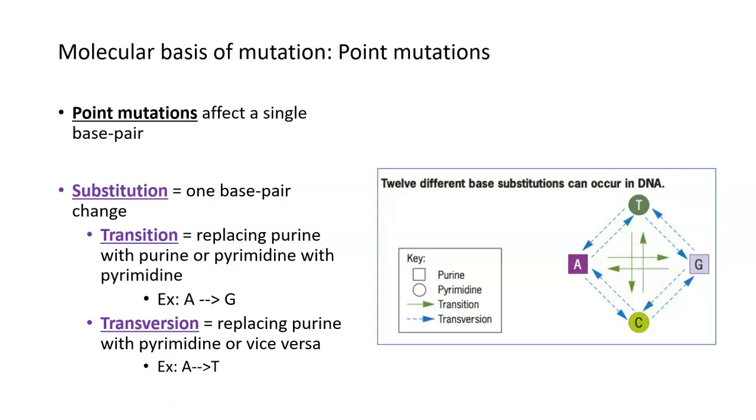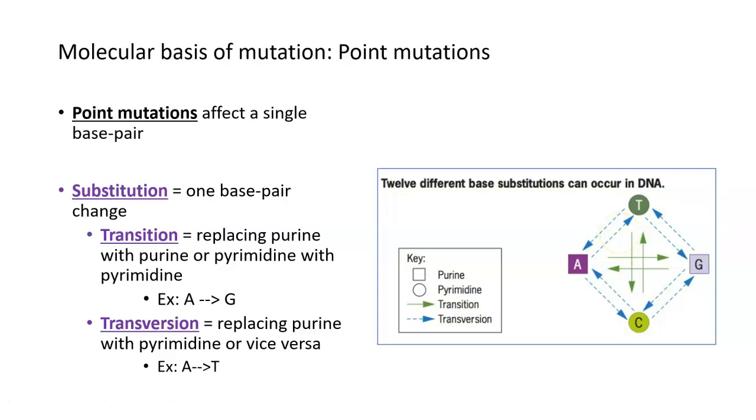A transition is replacing one purine or one pyrimidine with another. A is a purine, adenine, and guanine is a purine. If an A is changed to a G through a point mutation or substitution, that would be known as a transition. However, if an A is changed to a T, that would be considered a transversion.